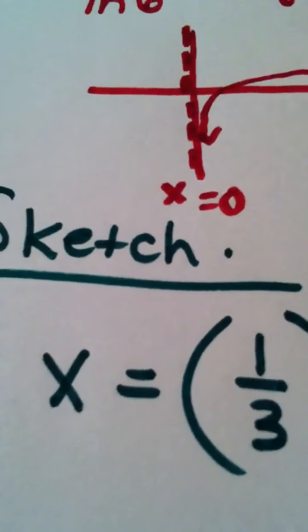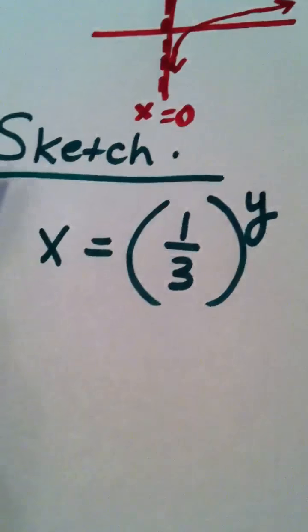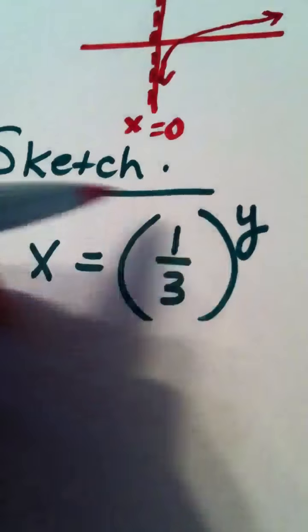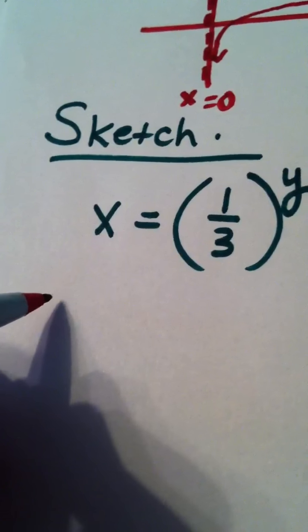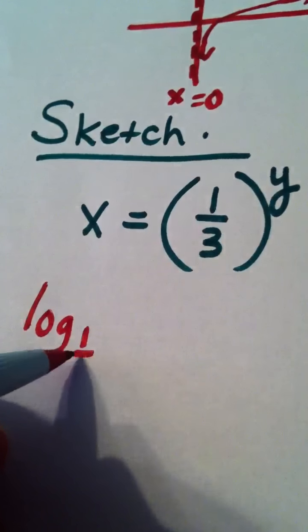Okay, one last graph. Suppose I want to sketch x equals 1/3 to the y power. Okay, same thing that we just did up here. This is in exponential form. If I convert it to log form, this becomes the log base 1/3.